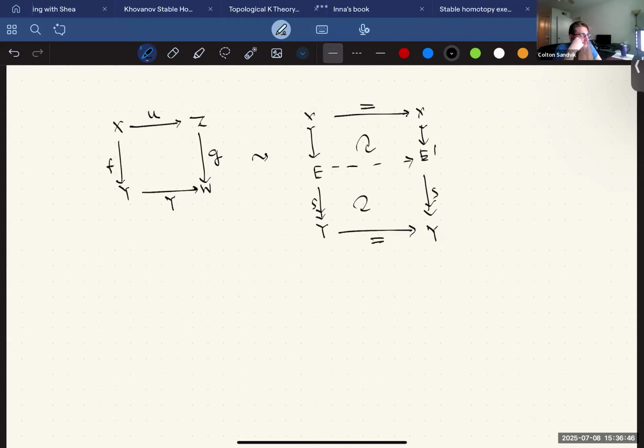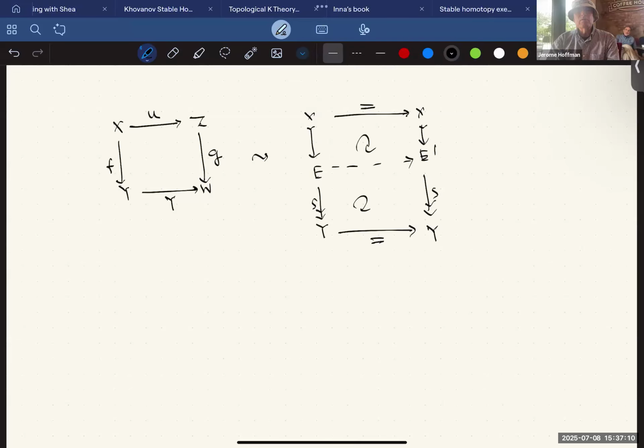I think the confusion here is you're not asserting that the arrow from E to E prime is unique, only that it exists.